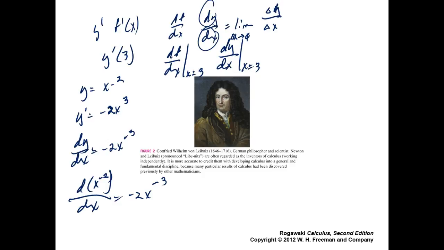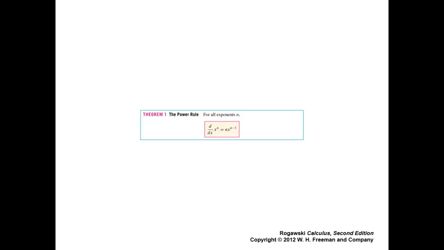Okay, now for some reason, the new book goes back to something we did earlier and calls it Theorem 1. The new book's Theorem 1 is the constant rule. d by dx of some constant c is what? Remember that? 0, you got it, okay?